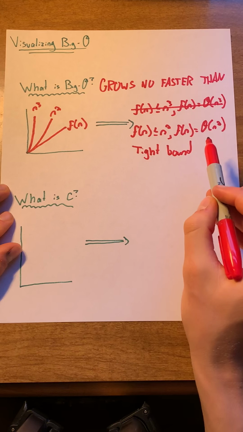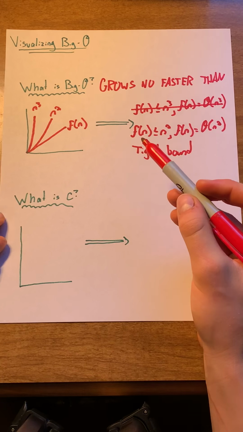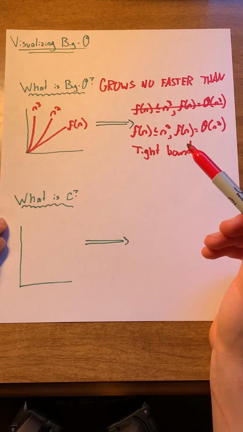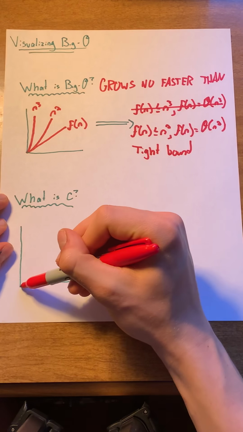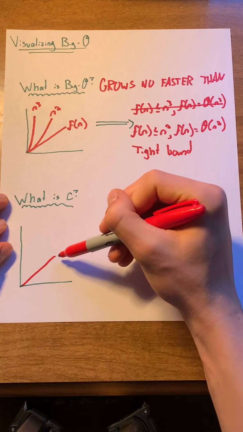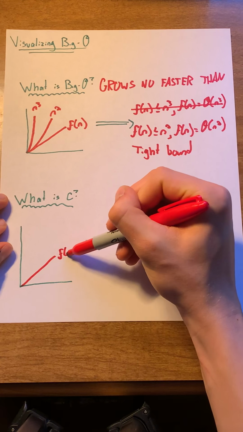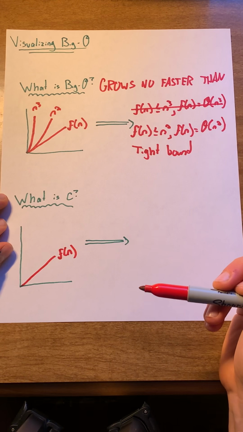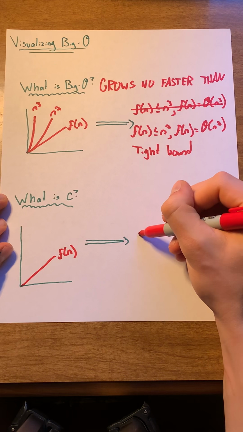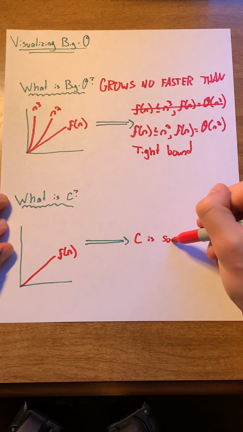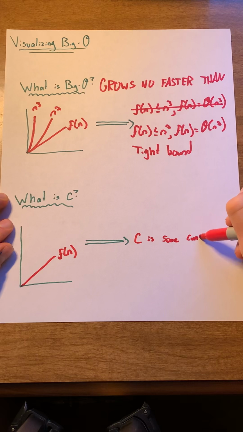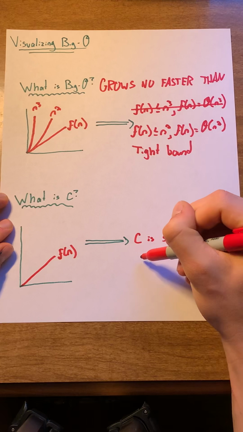Now, when you're finding big O, you've also been asked to find a c value. So what is that c? Well, again, let's suppose we have some function, f of n. The c value is just some constant on our bounded term.